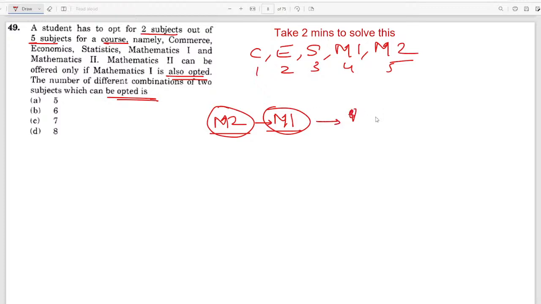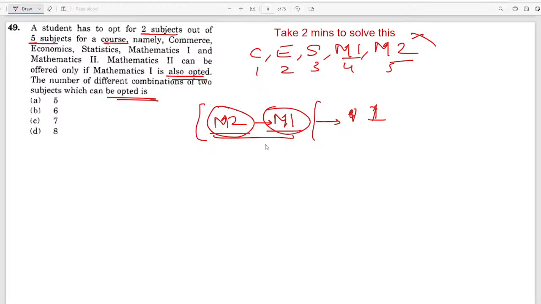So this is one way of choosing the subjects. Then we have to remove M2, because if we select M2, only M1 can come together with M2. So we have considered that possibility, M2 and M1 together.